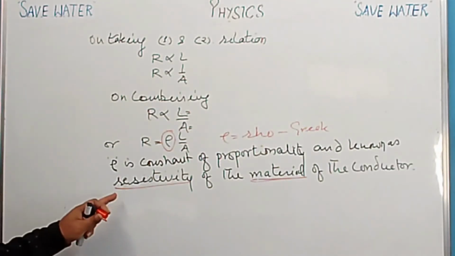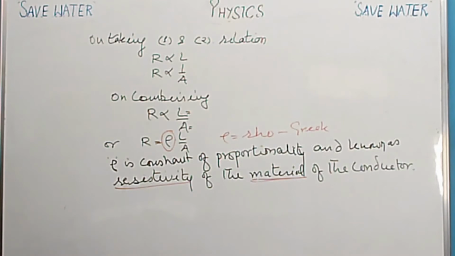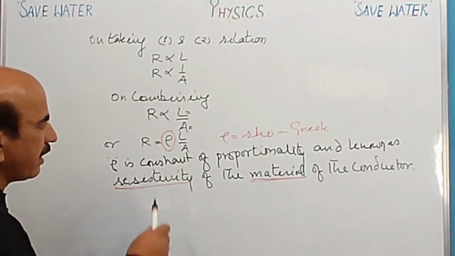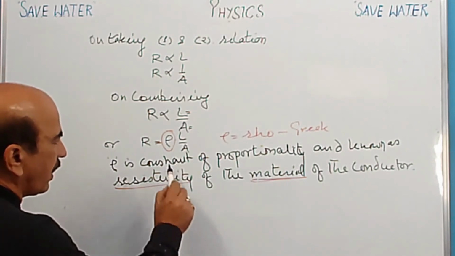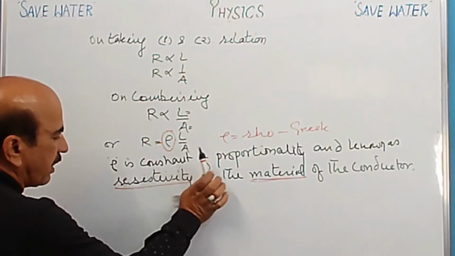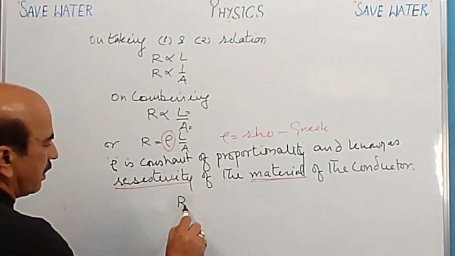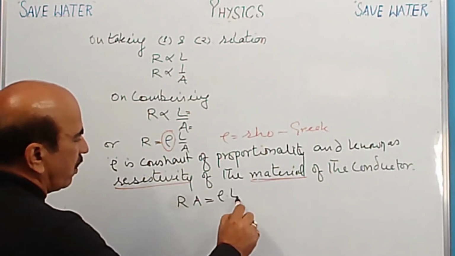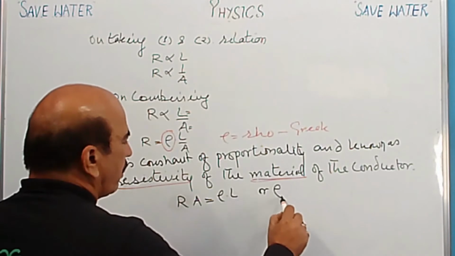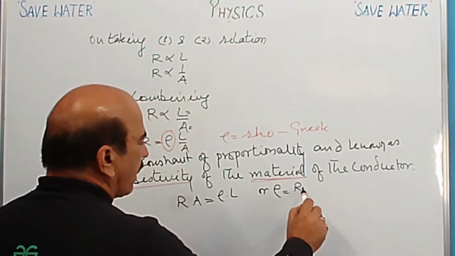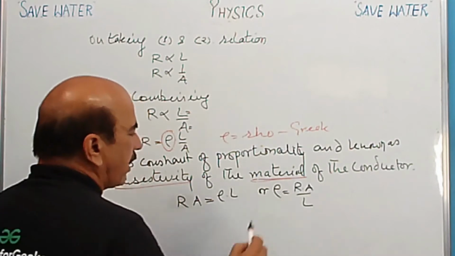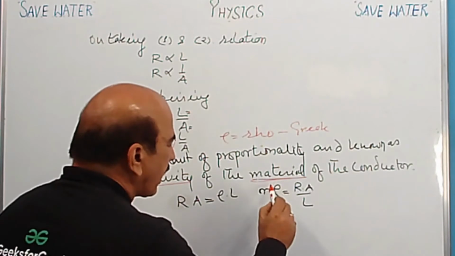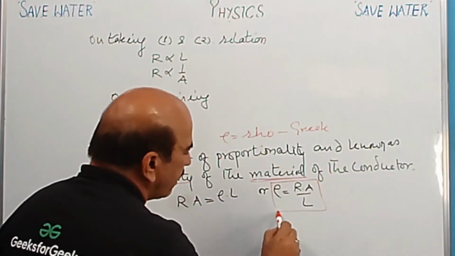Now after this, how do we find its formula? We can get the formula of resistivity from this. See here, rho is equal to, cross multiplying, R into A equals rho into L, or we can write rho is equal to R A upon L. This way we can get the formula to calculate resistivity of a conductor.